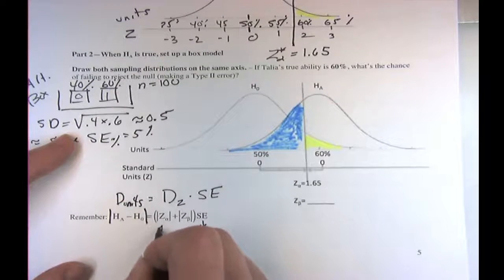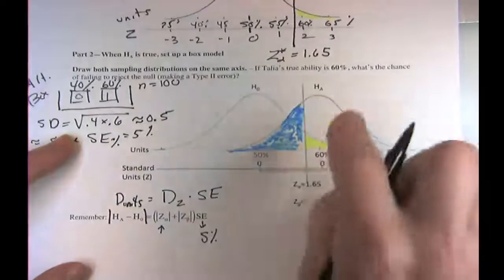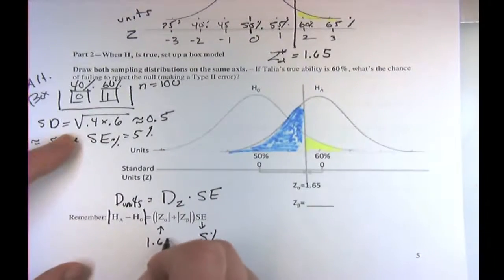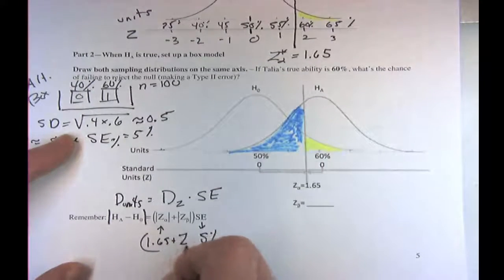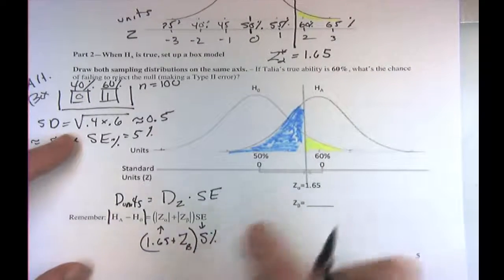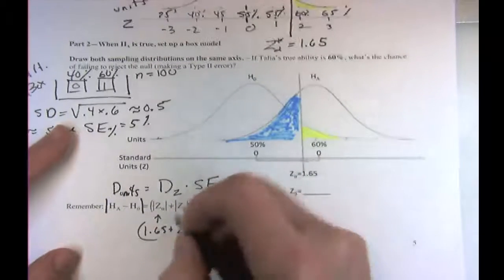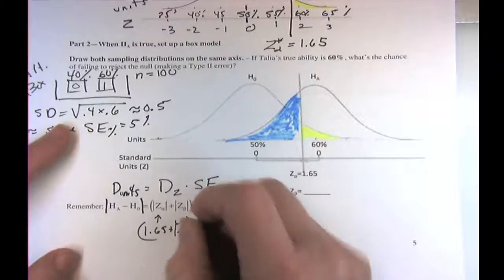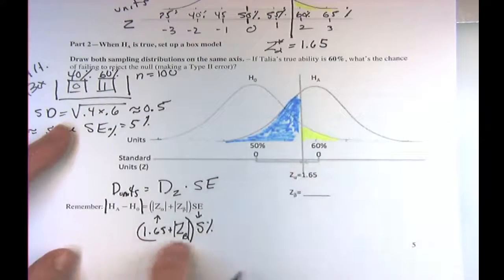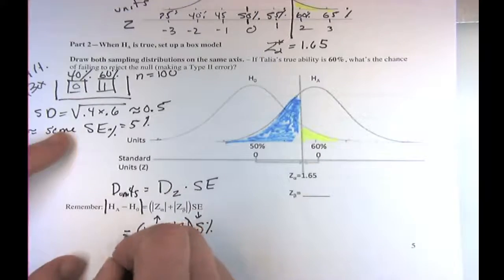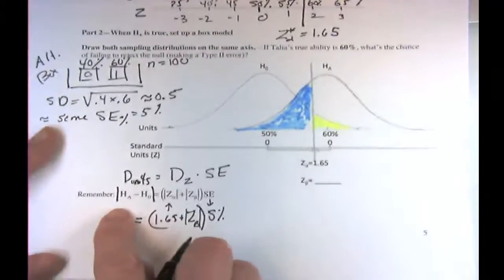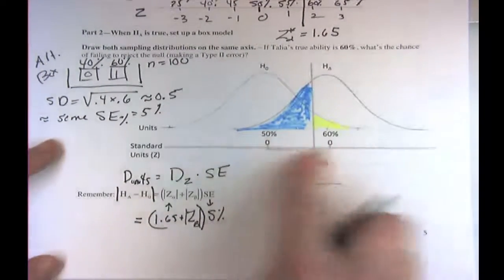Do we know z alpha? Yes, z alpha is 1.65. Now these are all distances, so I'm going to put a little absolute value around this. So this is 1.65, plus z beta, times 5%, is going to be equal to our effect size, which is 10%.